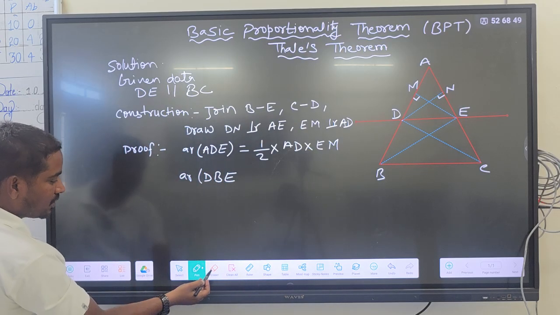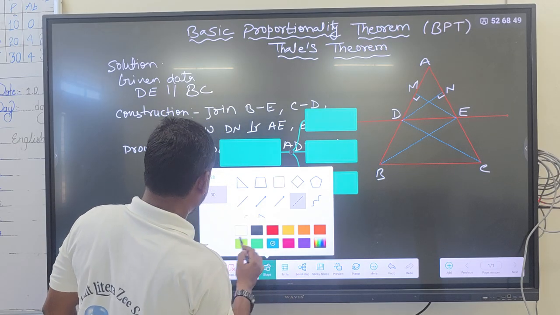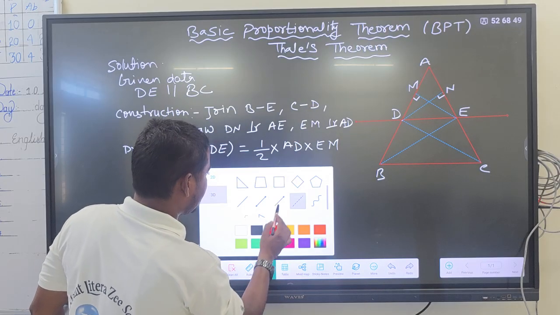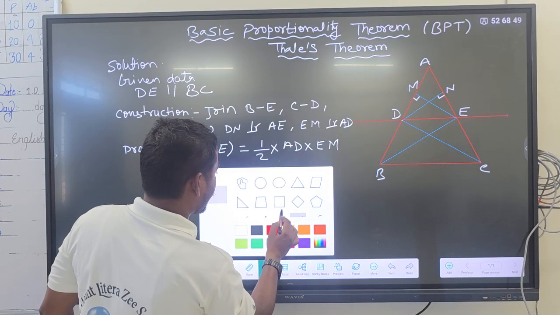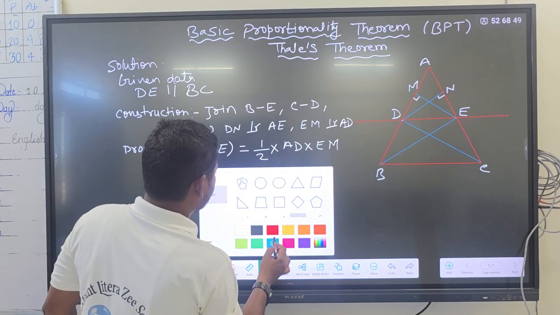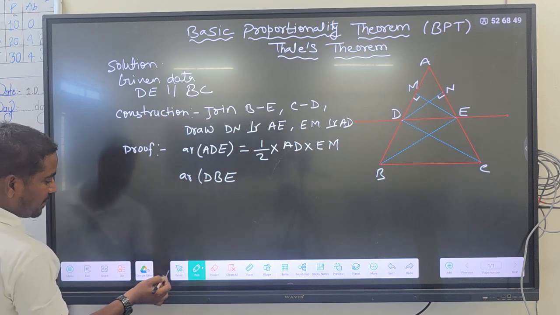Now, before finding out the area of triangle DBE, first we will see one obtuse type of triangle. Here we do not have an obtuse type of triangle, so I will draw it roughly and then explain it to you.